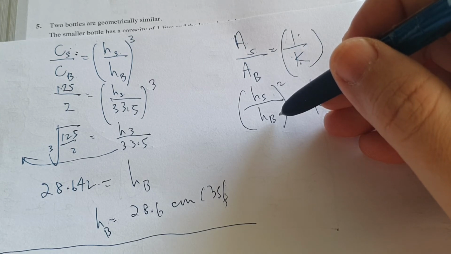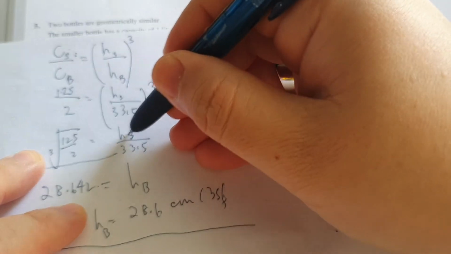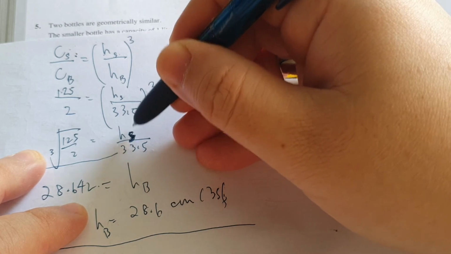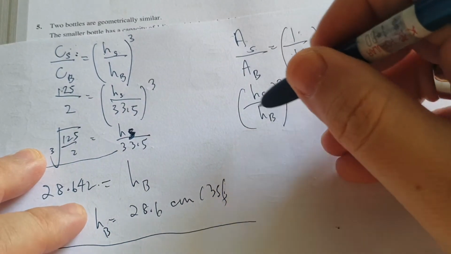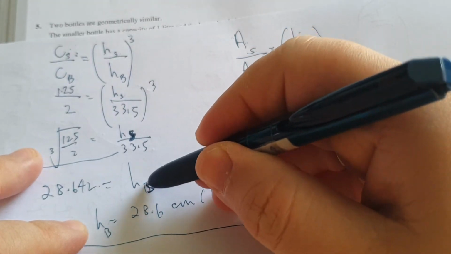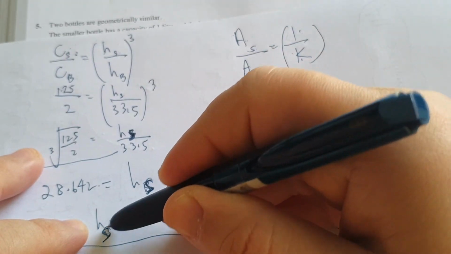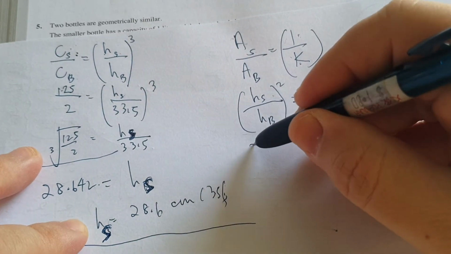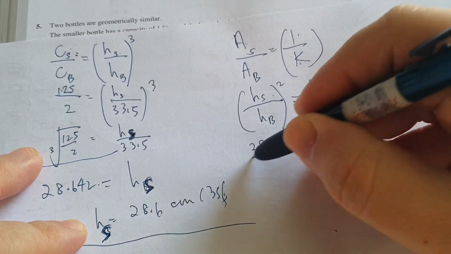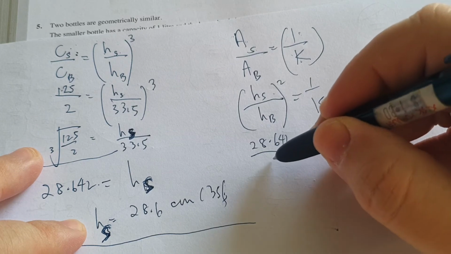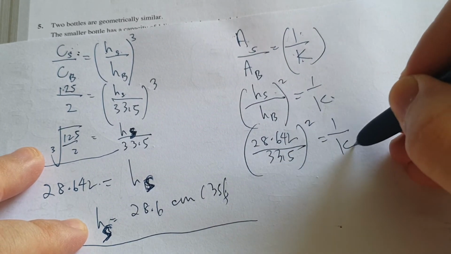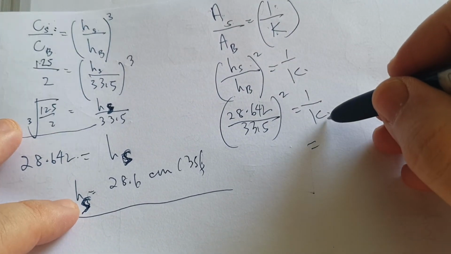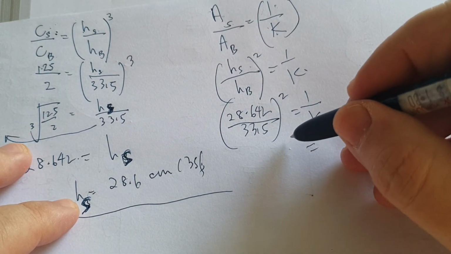Just now we want to find the smaller one. Oh yeah, I wrote wrongly. Smaller one here, and then the bigger one is this one. So this is actually your HS. Sorry, I wrote wrongly. So 28.642 over 33.5, you go and square it, that will be 1 over k. Then you cross multiply.